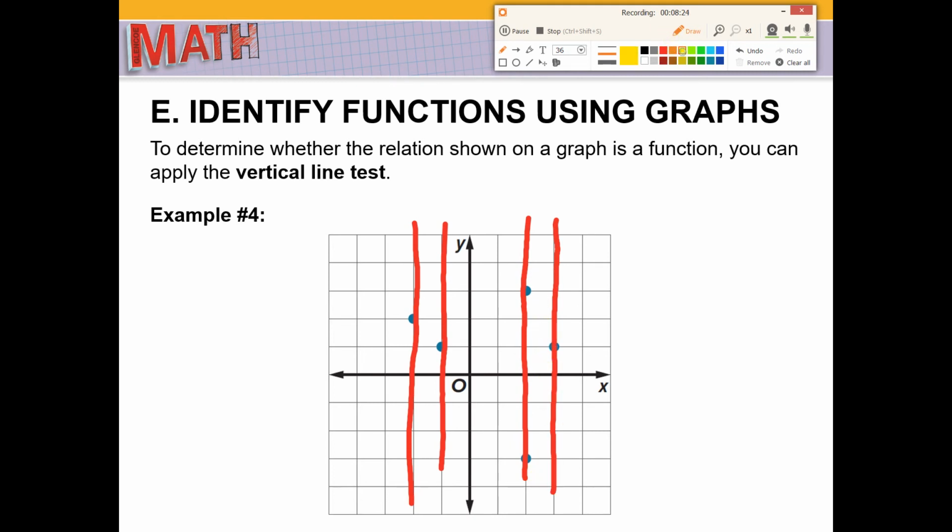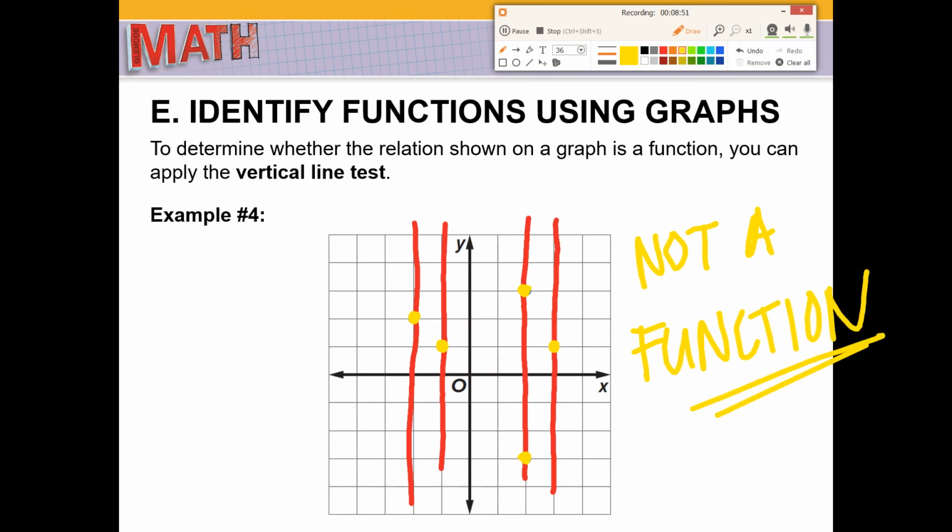And my vertical lines would touch this one at 1 point, 1 point. This one will touch at 2 points, and this one will touch at 1 point. Now, since one of the vertical lines is touching the graph at 2 points, this is not a function.